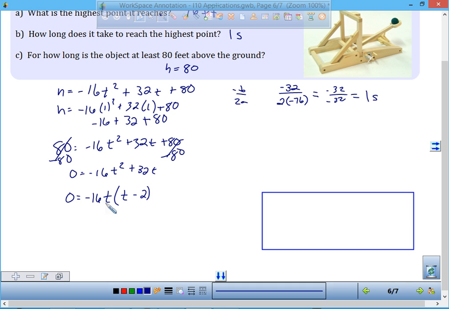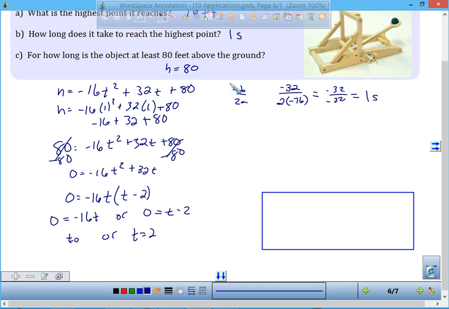So 0 equals negative 16t, and 0 equals t minus 2. Okay, I would divide by negative 16 here, so t would be 0, or add 2 on both sides, t equals 2.